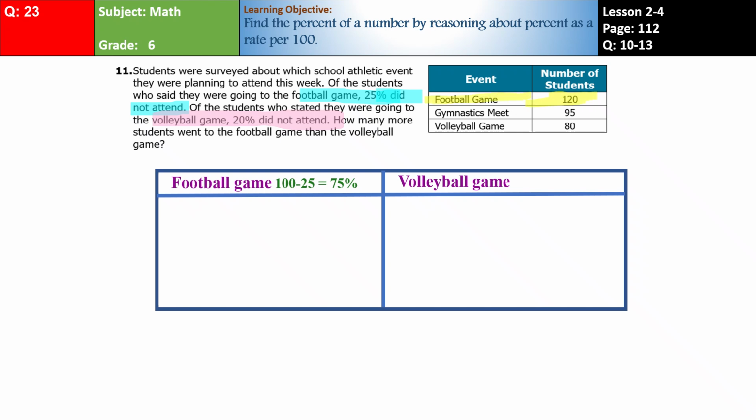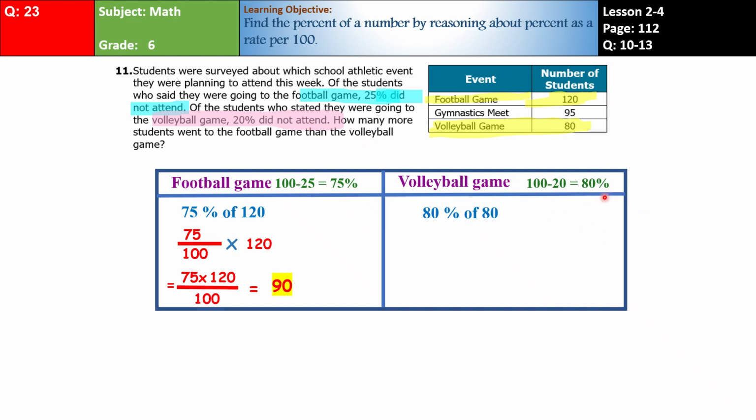And what is the other game? Volleyball is 80. So now 75% of 120 means 75 multiplied by 120 divided by 100. It gives you 90. Similarly, here 20% did not attend. So 100 minus 20 is 80%. 80 over 100 times 80.